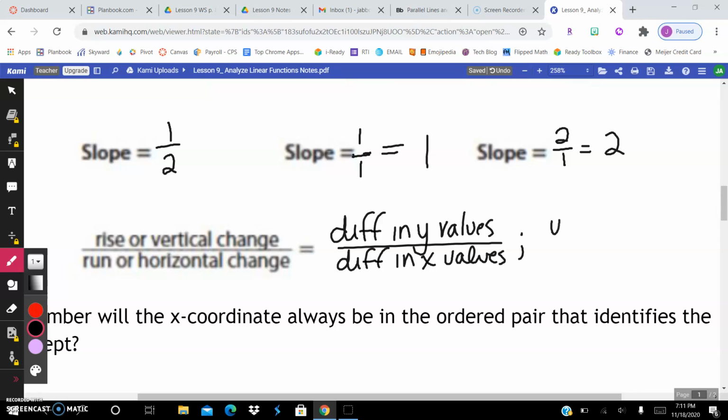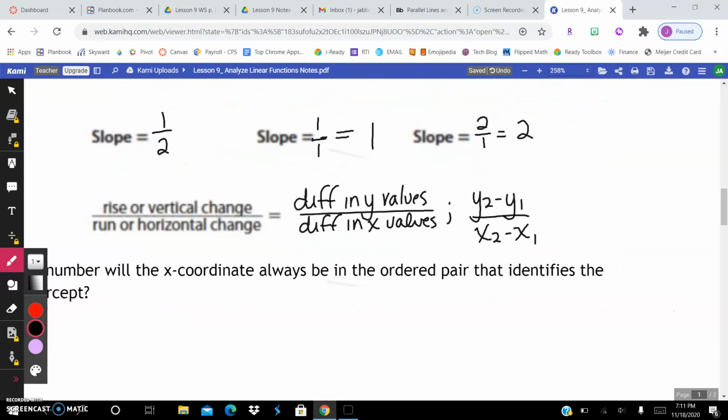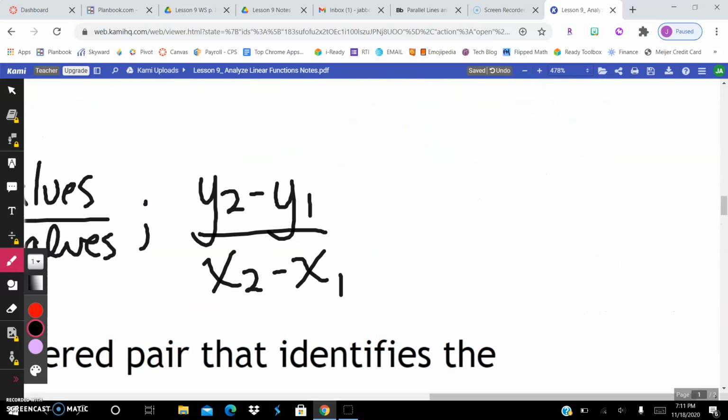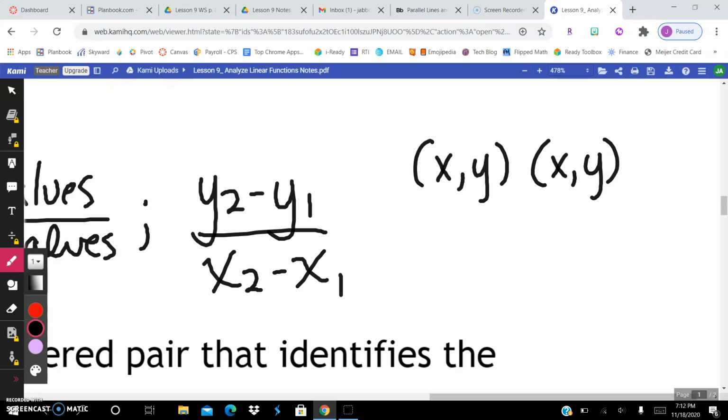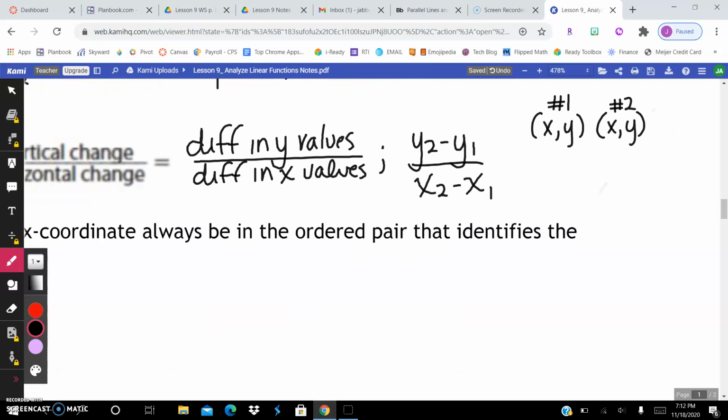And that formula is y2 minus y1 over x2 minus x1. And what that means is if you're given 2 ordered pairs, and ordered pairs are always in the form of xy, you're given 2 of them. The ones in the first point are your number 1s, and the x and y out of the second point are your number 2s. So I'll do a couple of examples here to show you that.